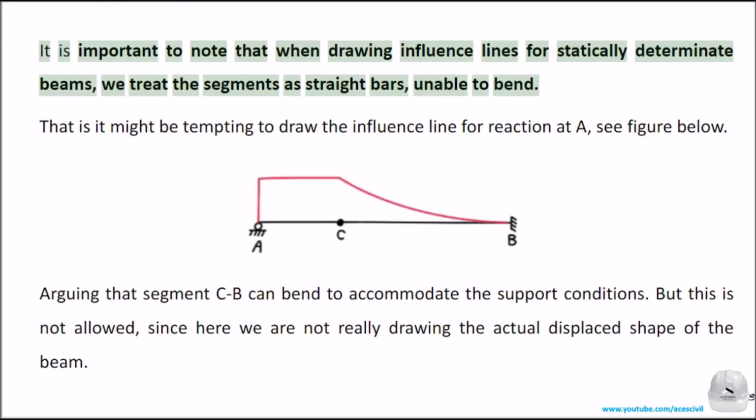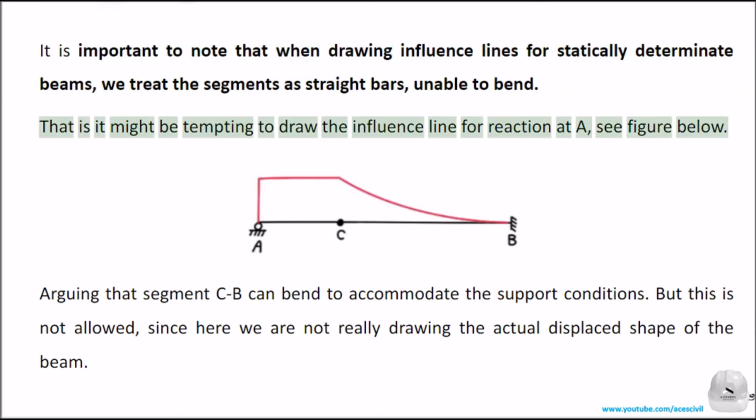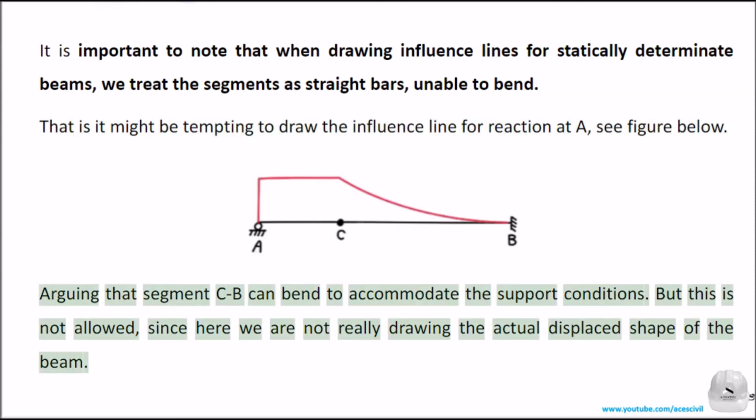It is important to note that when drawing influence lines for statically determinate beams, we treat the segments as straight bars, unable to bend. That is, it might be tempting to draw the influence line for reaction at A, see figure below, arguing that segment BC can bend to accommodate the support conditions.